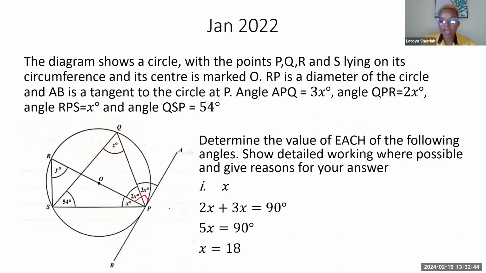We could simplify that and we get 18 degrees. So 54 equal to 3x, or 2x plus 3x being equal to 90 degrees, either of those solutions would be acceptable.